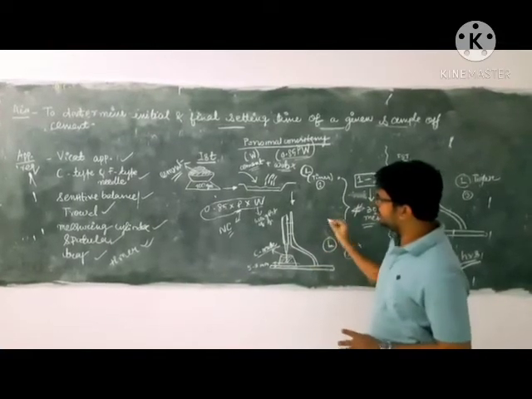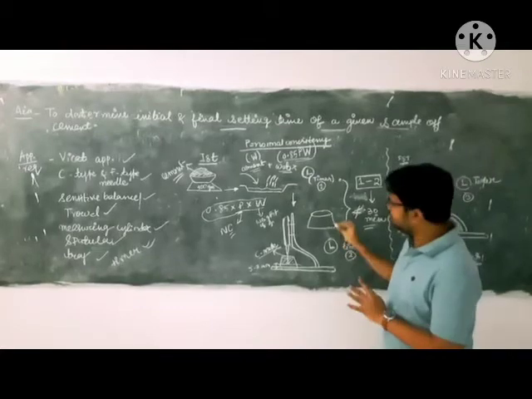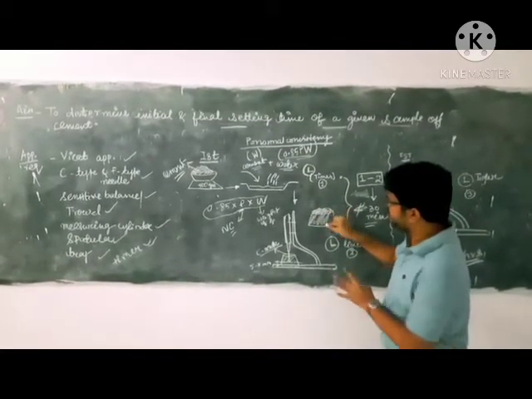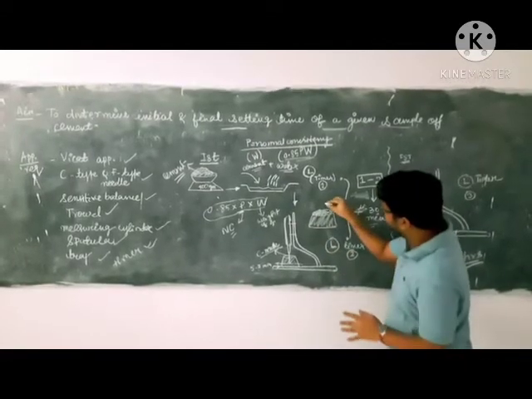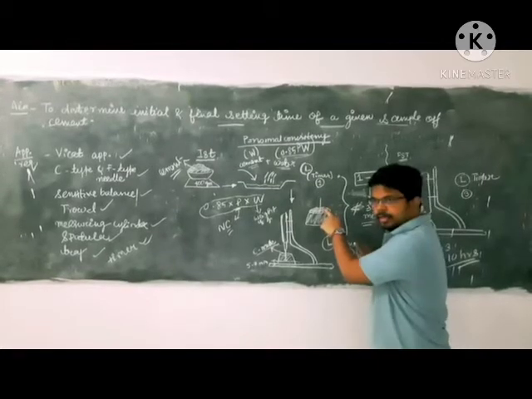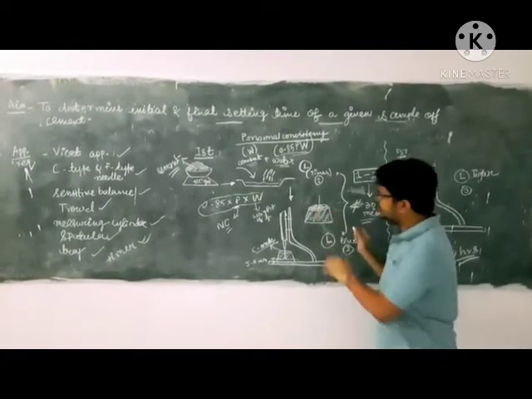Let me draw, you will easily understand. This is the mold, and this is our sample filled in the mold. We will touch the tip of the needle on the surface of the filled sample.